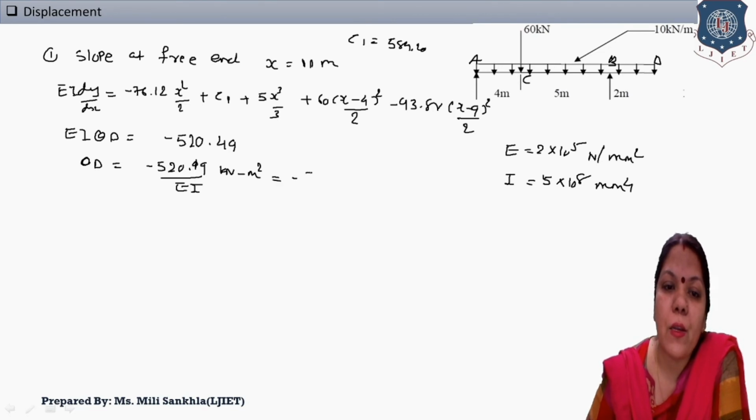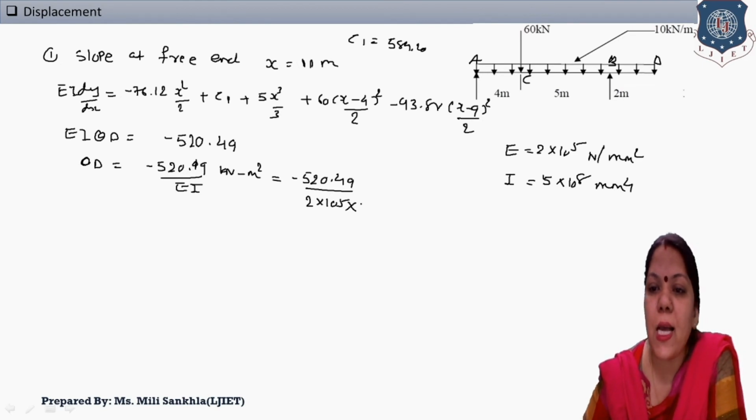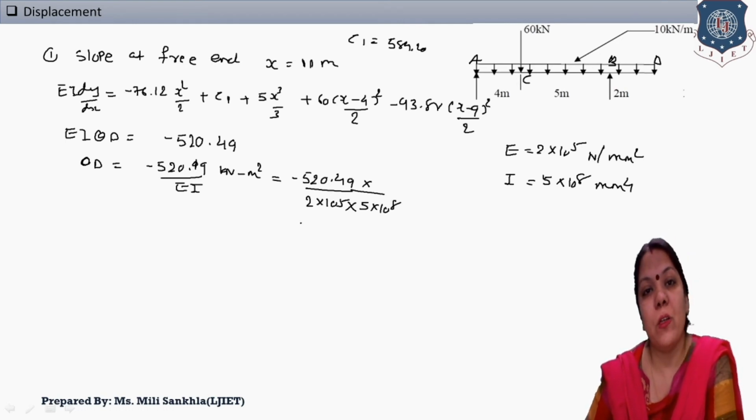Minus 520.49 divided by E, 2 into 10 raised to 5, and I is equal to 5 into 10 raised to 8. Now this value is given in kilonewton into meter square.